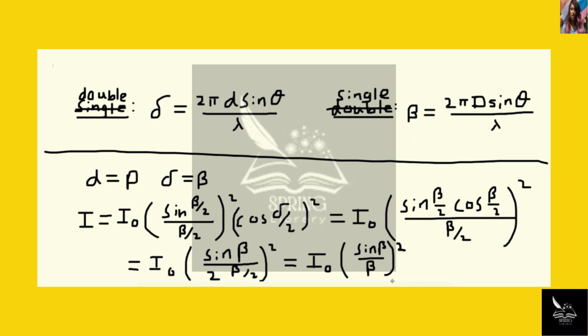Okay, so we have our expression there, but let's go ahead and do a change of terms. So we're going to let beta equal beta prime over 2. So we can say that beta is equal to beta prime over 2, or in other words, beta prime is equal to 2 times beta.